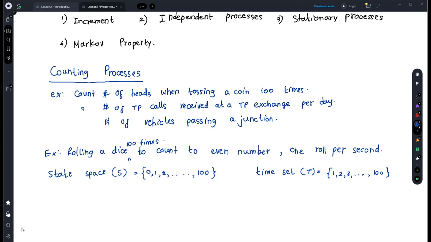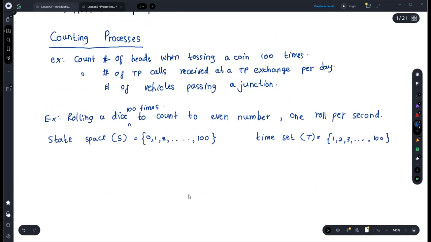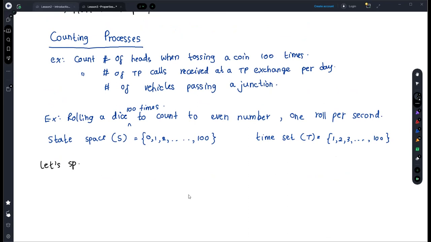Now, since we have to look at the property of an increment, we can explain it using this counting process. So let's specify in terms of increments at each second.